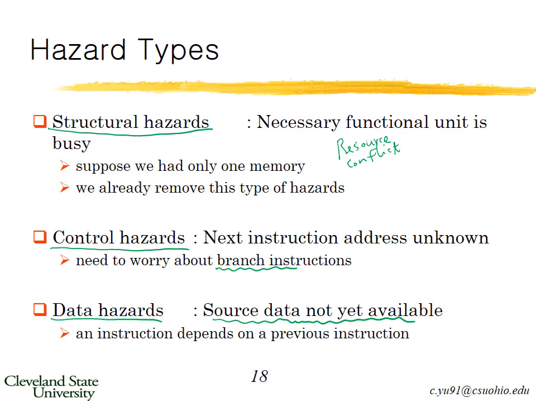The structural hazard may be easier to solve because if there is a resource conflict for the ALU, we can just have one more ALU in the architecture. As long as we have enough resources, structural hazard might be easier to solve. On the other hand, control hazard and data hazard are relatively more difficult to solve. So next time, we'll discuss in more detail those 2 hazards, data hazard and control hazard. Thank you.